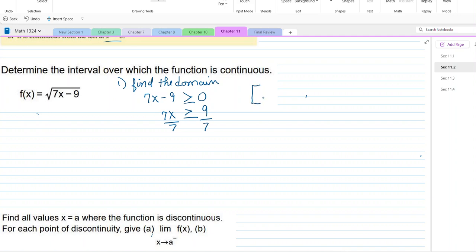So our domain is 9/7 to infinity. Now, we have to determine the interval for which the function is continuous. The function is continuous. No break. All values in that are good. All right, that will be the interval.